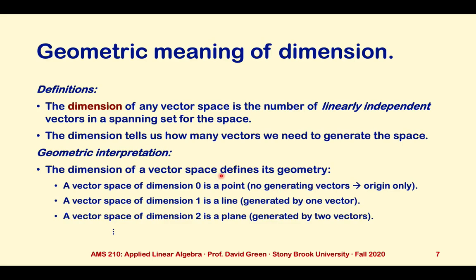So these ideas that we've discussed before, vector spaces being flat geometric objects, points, lines, planes, and the higher dimensionality extensions of those ideas are captured in this concept of dimension. How many vectors do we need to generate the space?